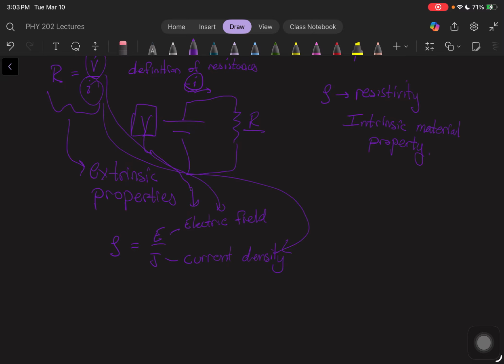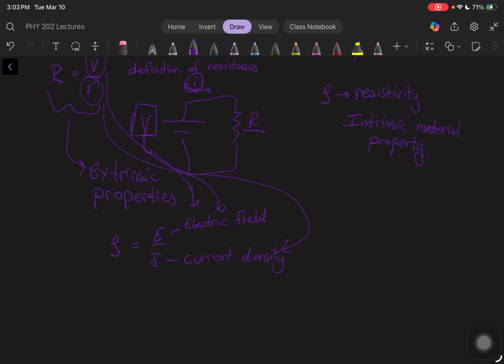If you apply an electric field, depending on how far the separation is, or if it's two plates, you can change the potential difference. And then similar with current density, if you have a bias for charge to flow, depending on the area through which you let that charge flow, you can get a different current and current density. Okay.